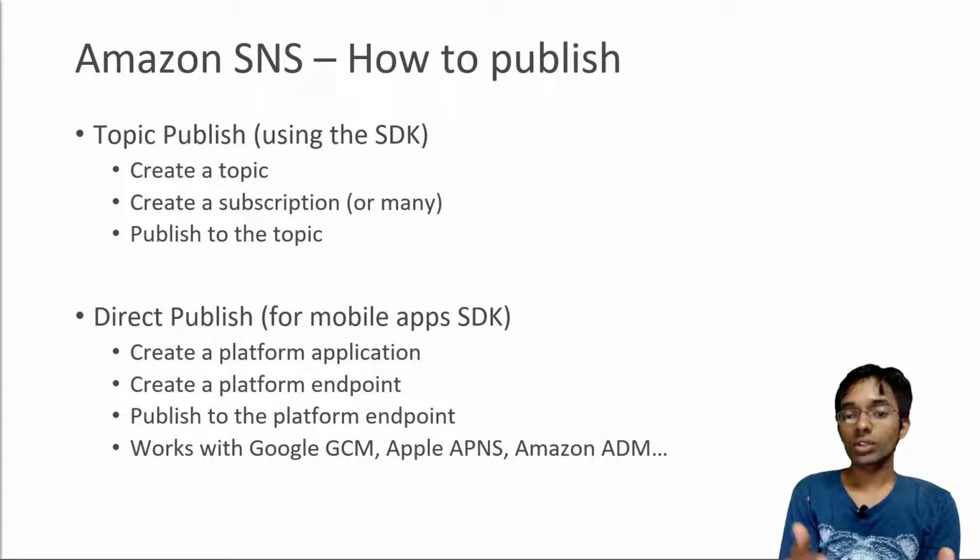There is also something called direct publish for mobile apps SDK, where you create a platform application and a platform endpoint, and you publish into the platform endpoint. It works for subscribers like Google GCM, Apple APNs, or Amazon ADM, which are different ways for your mobile application to receive notifications.